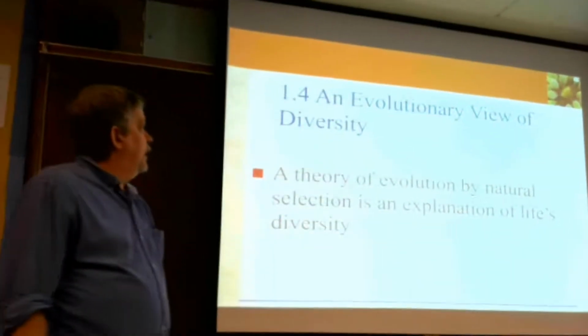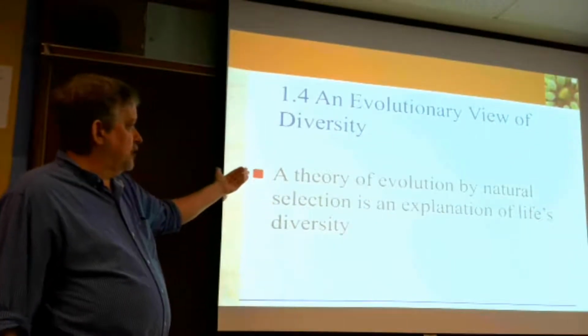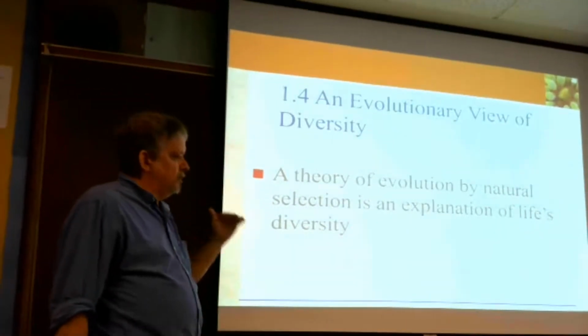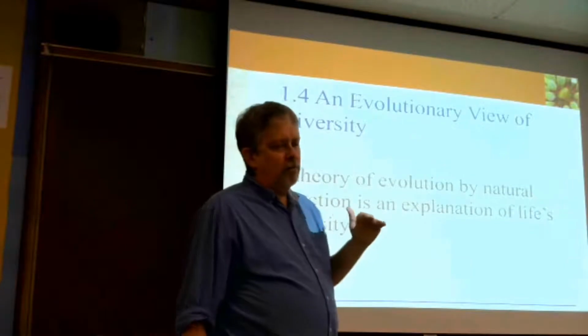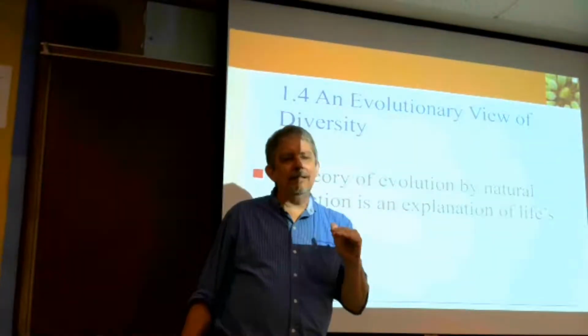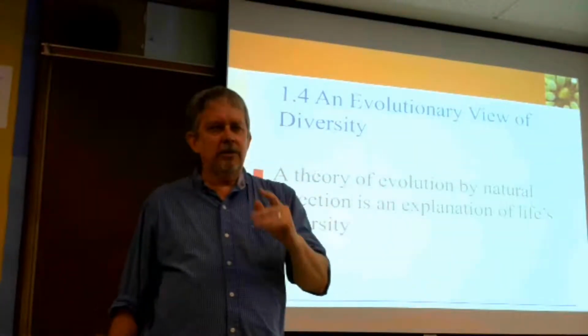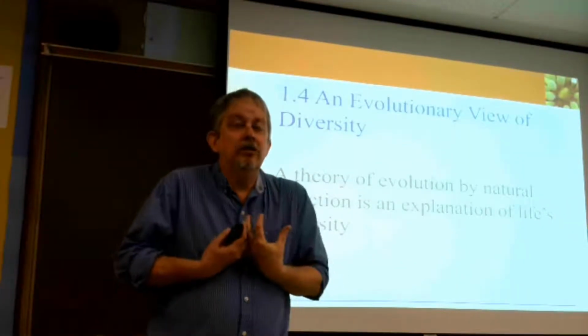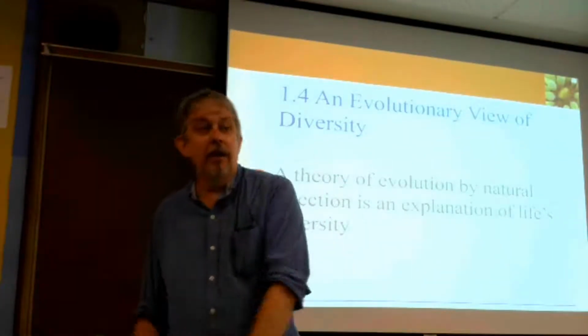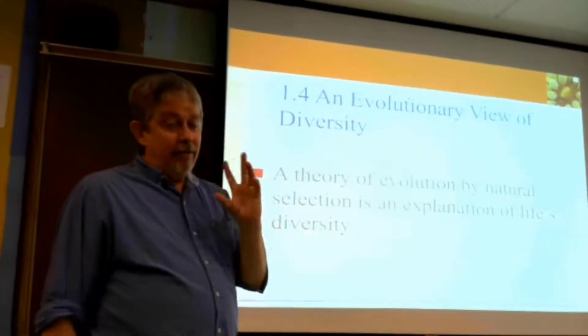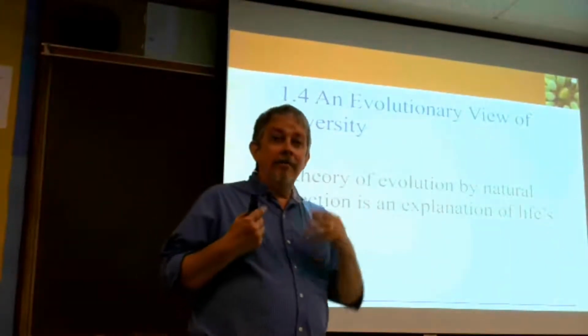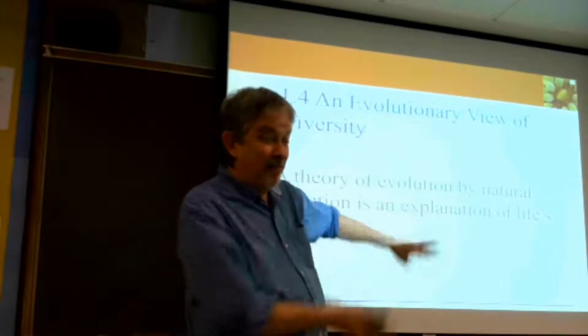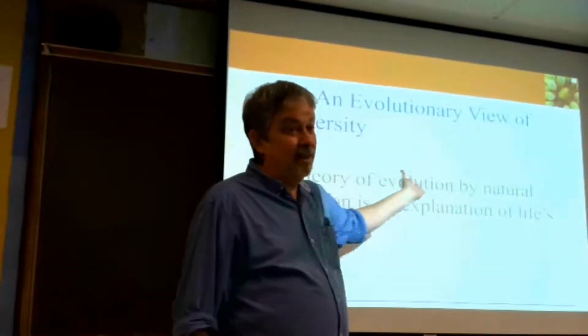All right. The theory of evolution by natural selection is an explanation of life's diversity. Darwin was completely right when he said natural selection, the strongest genes survive. And so we pass down our genes to our young. I told you I have a little different worldview. I don't agree with everything Darwin said, but man, he nailed this.